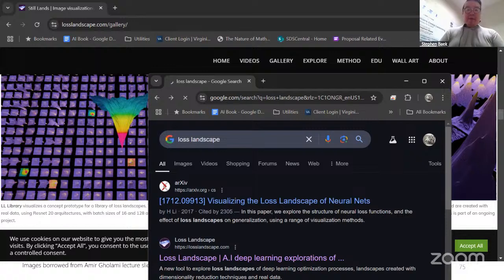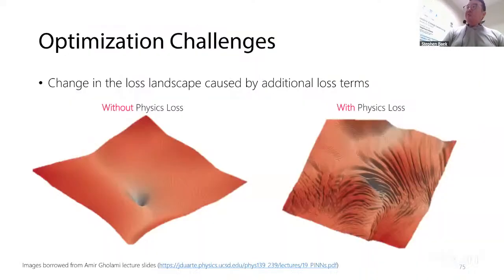Seems like the internet today is a little slow, so instead of waiting, I'm going to move on. This visualization is created based on that loss landscape paper. So if you want to have a better understanding of what kind of problem they're solving, this is a very good way of enhancing your understanding of the problem.